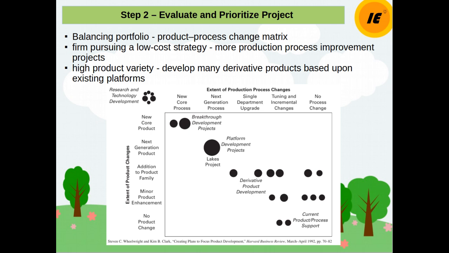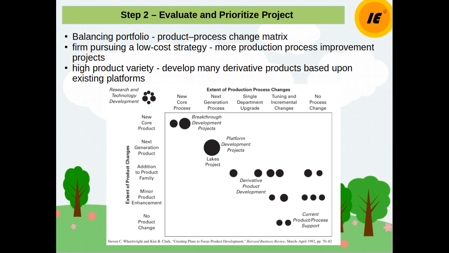One particularly useful mapping was suggested by Wheelwright and Clark in 1992, which is the paper I'm mentioning here. You can go into the book and see the paper, but that's not really important.